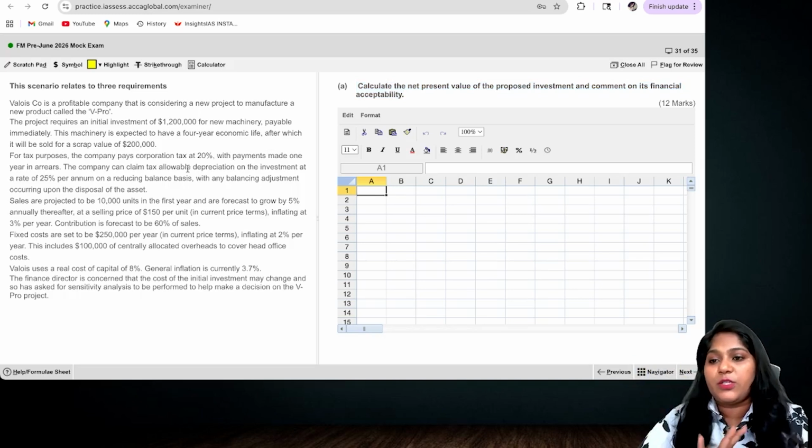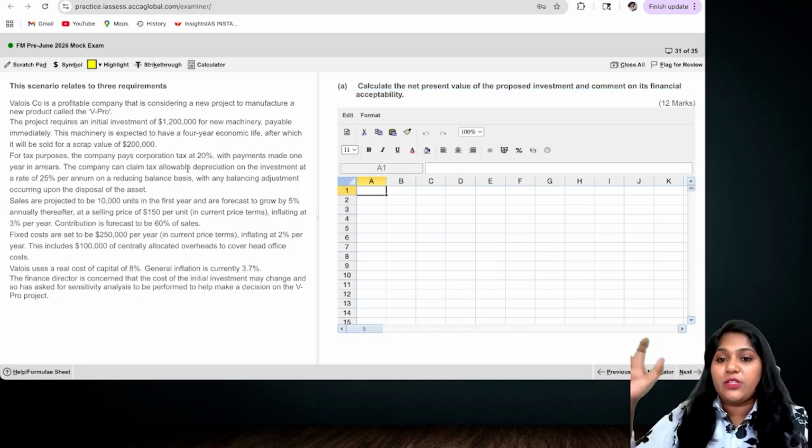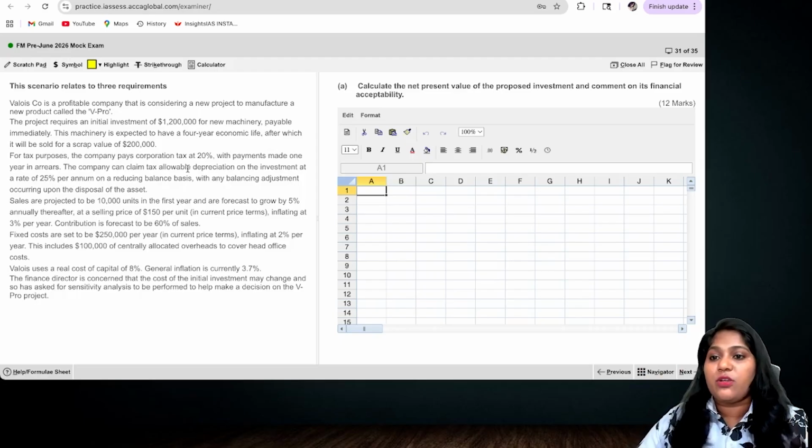Now read the information. Valios company is a profitable company that is considering a new project to manufacture a new product called V Pro. The project requires an initial investment of $1.2 million for new machinery, which is payable immediately. This machinery is expected to have a 4-year economic life, after which it will be sold for a scrap value of $200,000.